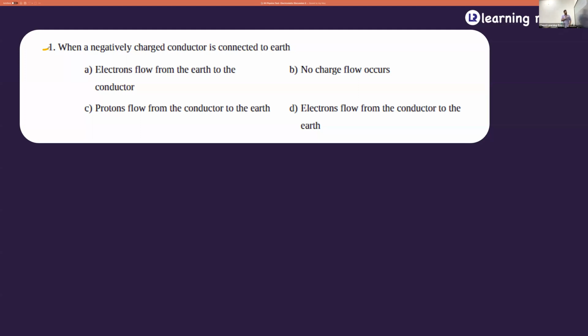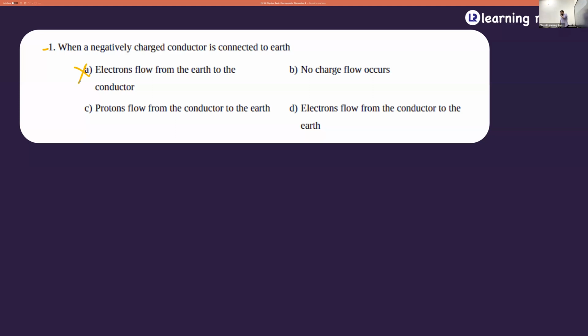Electrons flow from the Earth to the conductor. If that had happened, what would have happened to the conductor? It would have got even more negatively charged.